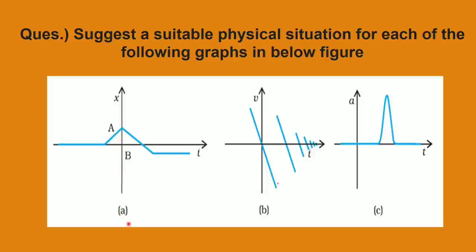Talking about the first graph, this is the xt graph, meaning position time graph. You can see that position is not changing. Of course, here at the origin time is 0, and before that negative time is there.